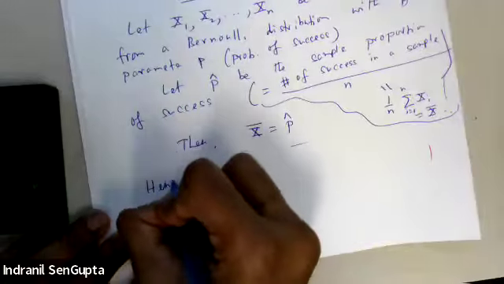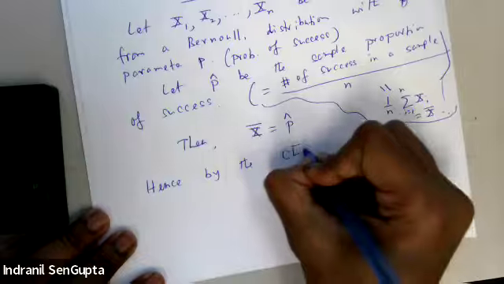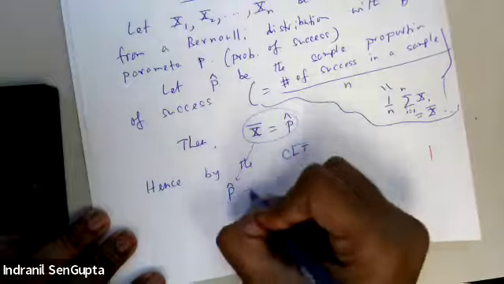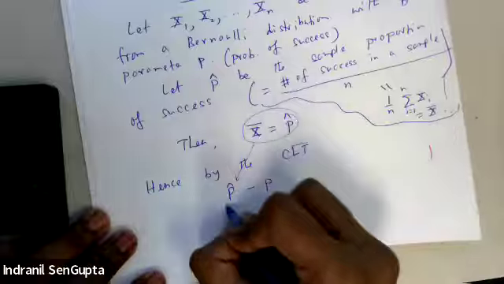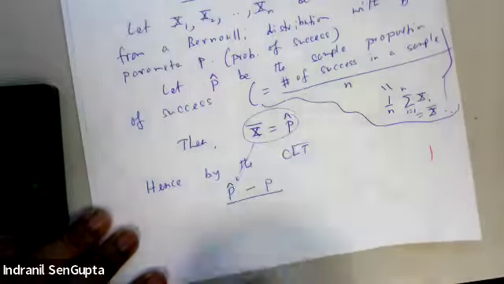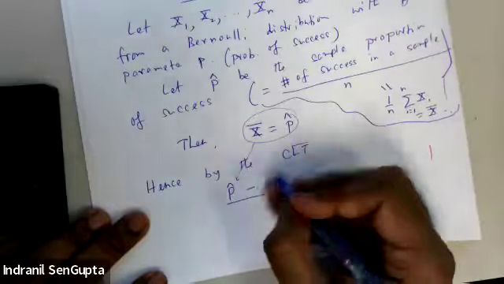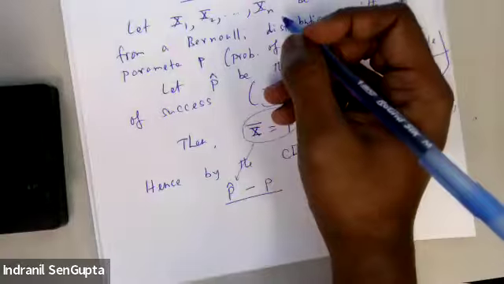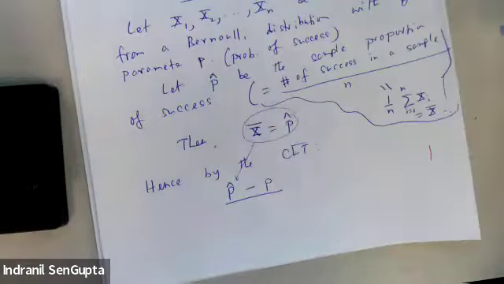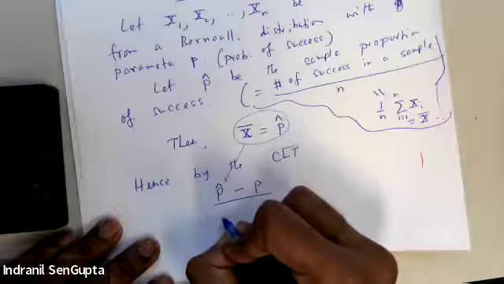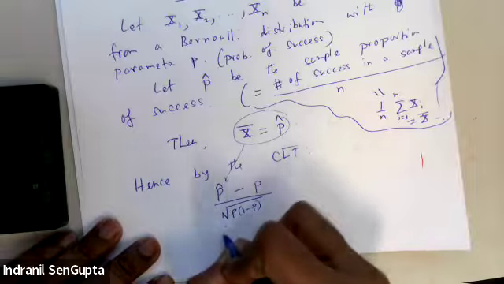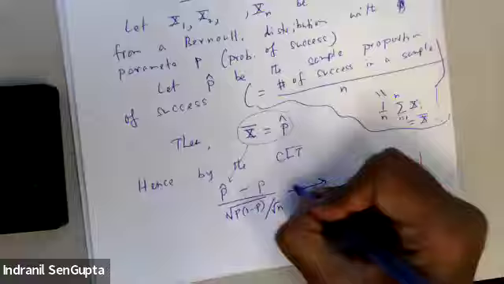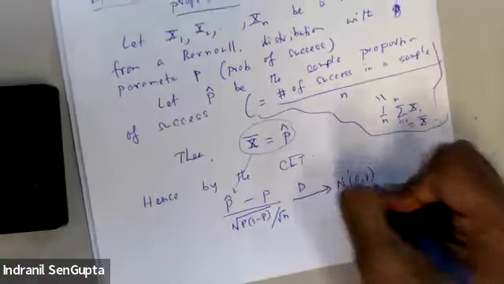Hence, by the central limit theorem, this p hat, which is x bar, minus its expected value p, and over its standard deviation, the variance for the sample from where it's taken is p times (1 minus p), and then if I divide by square root of n, that goes to the standard normal in distribution.